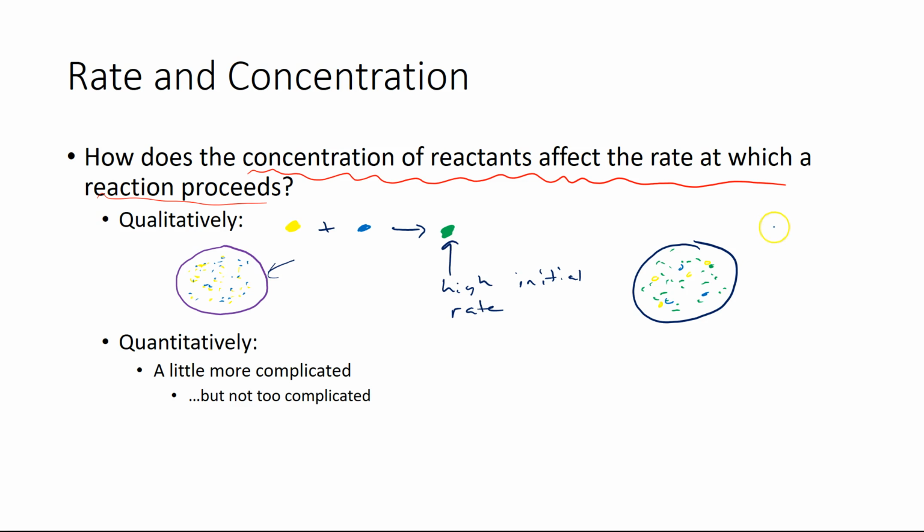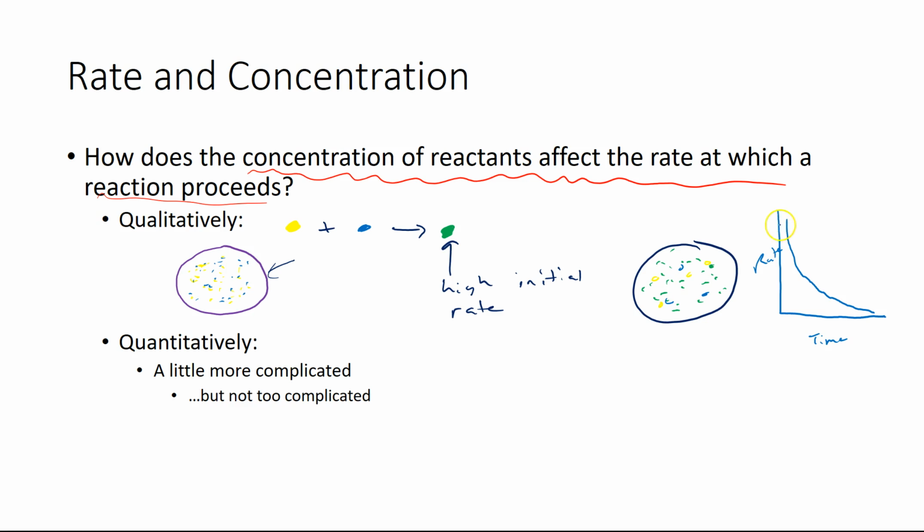And so if I was to graph the reaction rate, for example, this would be time, this would be rate. So what we'd expect is initially the reaction rate to be high, but then as time goes on, that reaction rate would slow down as we proceed.